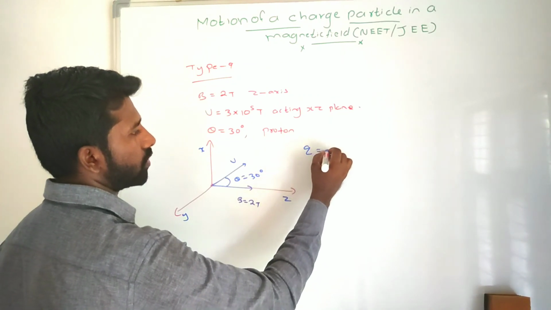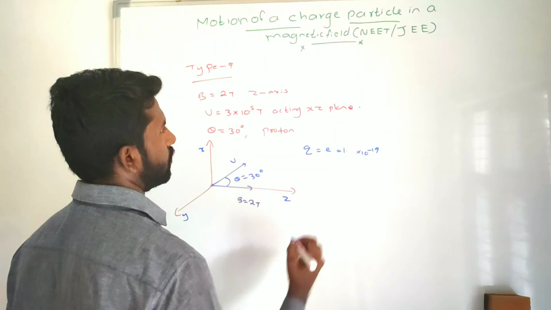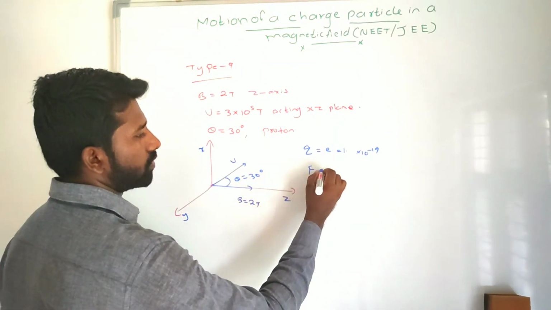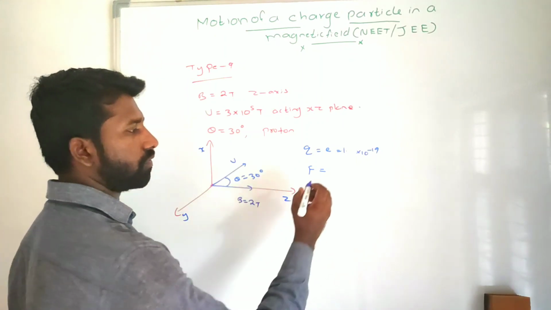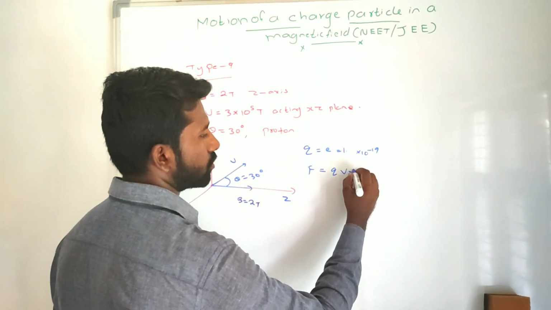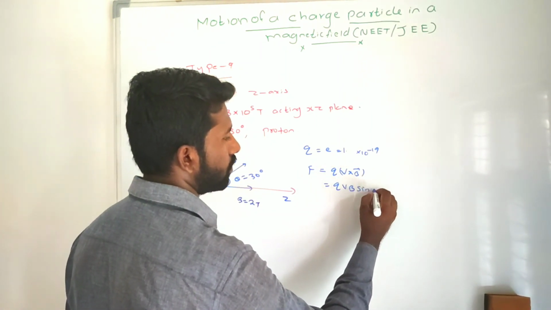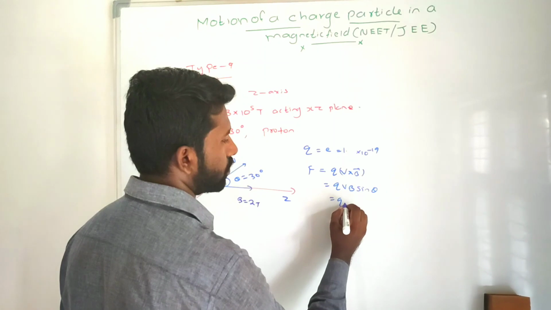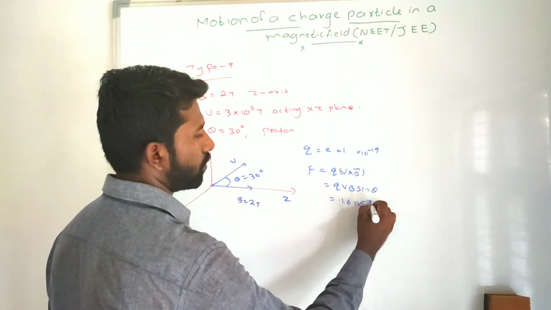If it is a proton, the charge is equal to e, that is 1.6 into 10 power minus 19. If a charged particle moves in a magnetic field, it will experience a force. That force F is equal to Q into V cross B, that is QVB sine theta. Here the Q value is 1.6 into 10 power minus 19.